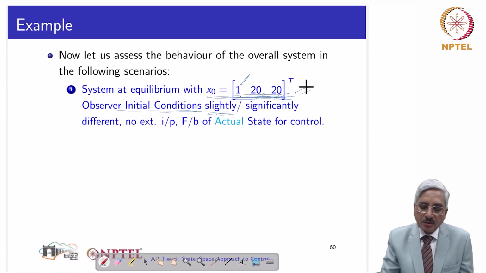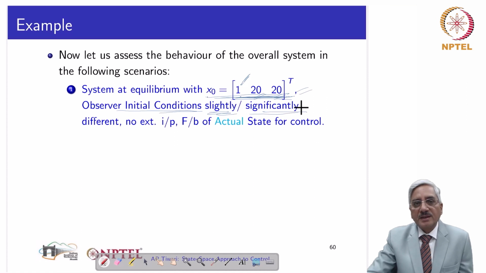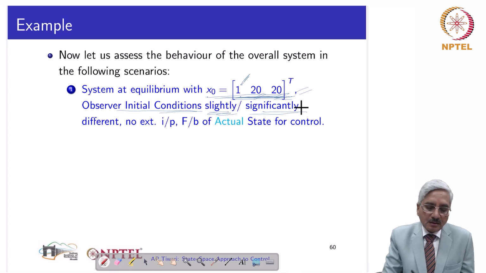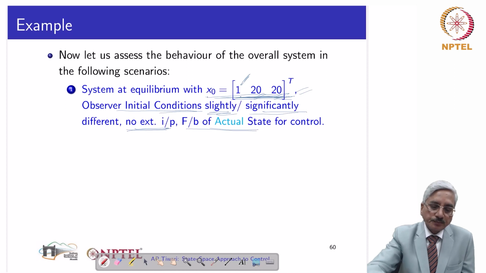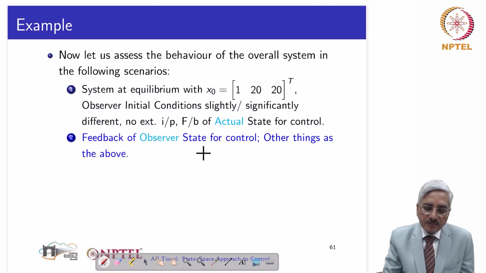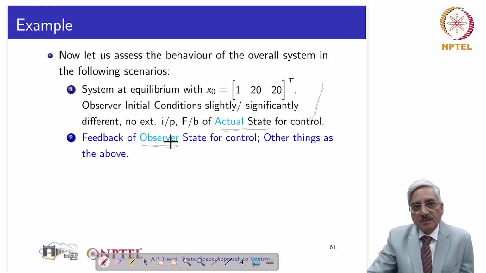And in another scenario, that will be significantly different, a large deviation of observer states from the actual system states. Then we will not consider any application of external input and feedback of actual states. So this is one scenario. The other scenarios will be all other things like this. However, in place of actual states for feedback, we will feed the observer states, just to see how the two situations differ from each other.